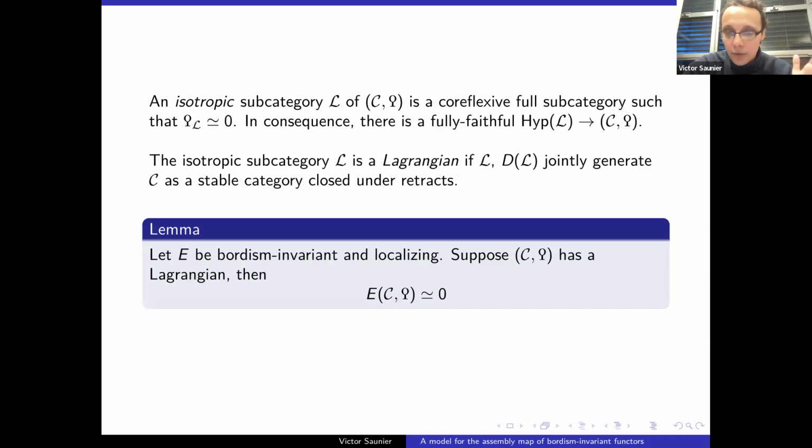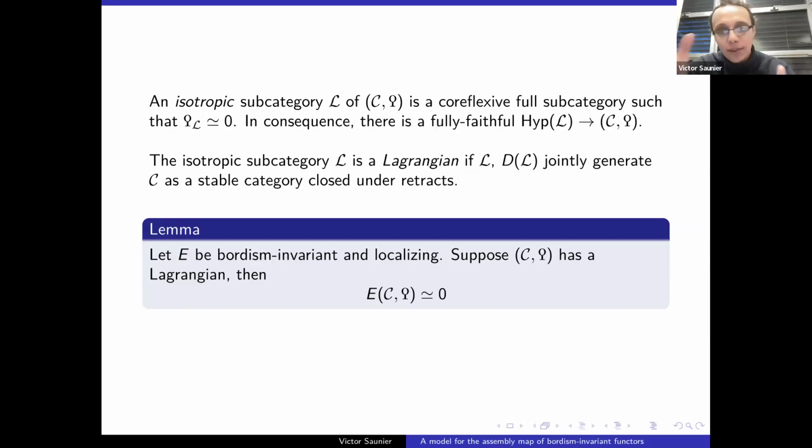And it's a fact that's proven, and maybe I should have said this, but all of this theory that I'm explaining here was developed in a series of papers by nine authors, where they built the foundations of L-theory, but they built all of those notions of bordism-invariant and localizing invariance, and proved all of the nice theorems in them.